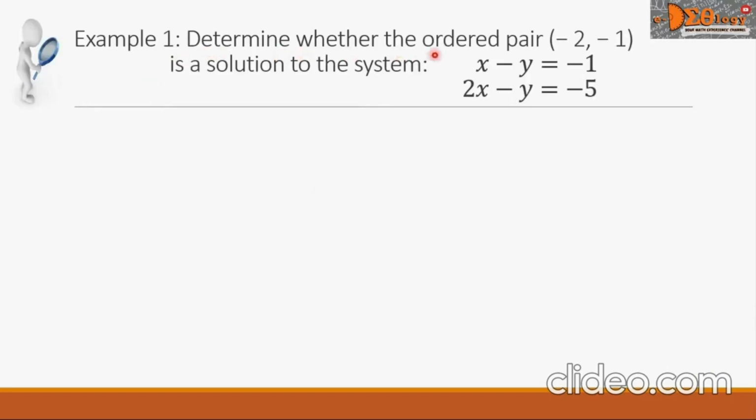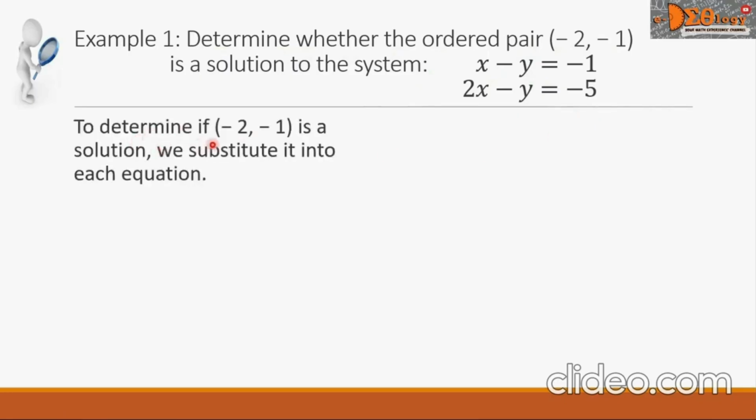Determine whether the ordered pair (-2, -1) is a solution to the system. The first equation, x minus y equals -1. Second equation is 2x minus y equals -5.